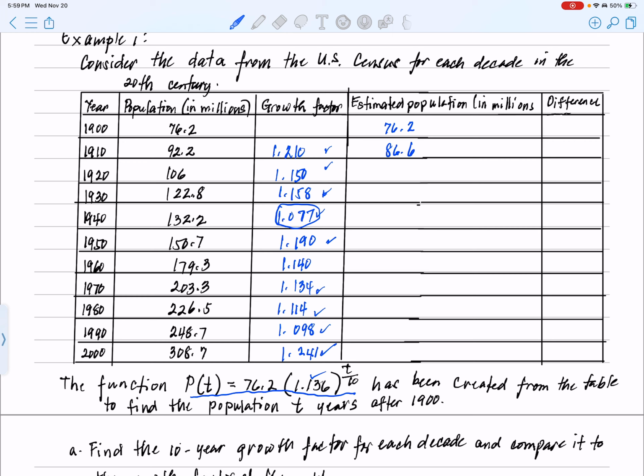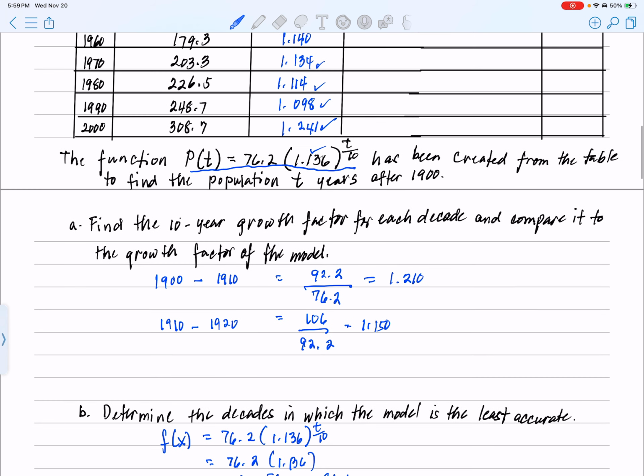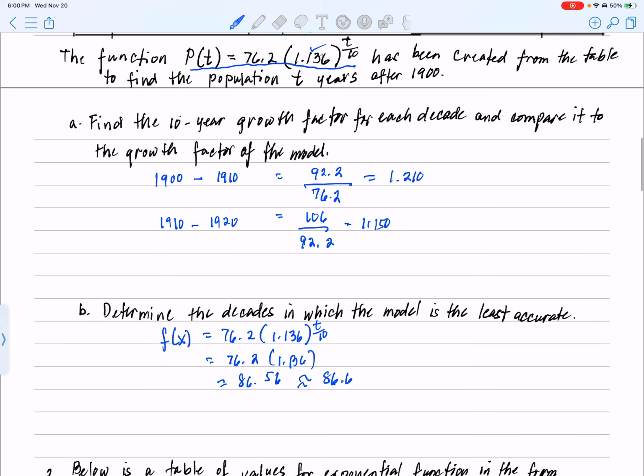We come up with 98.3. So as I've said, this is the first estimated, then from 86.6, you multiply with 1.136.